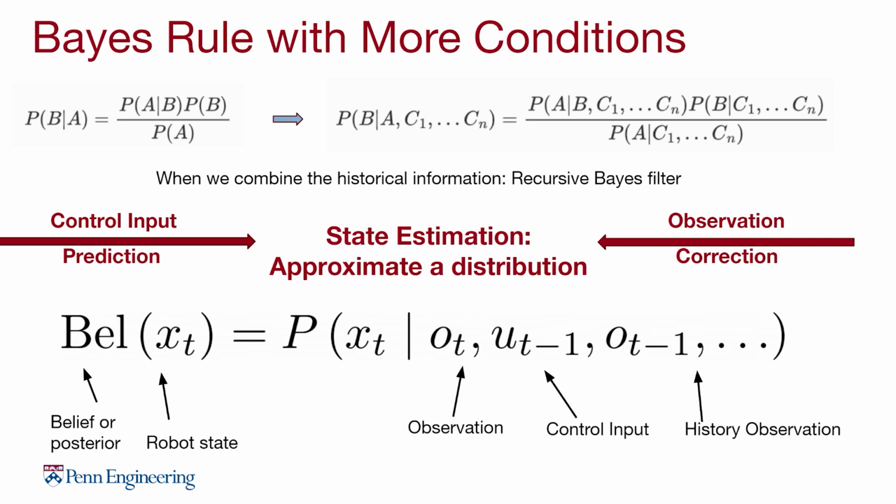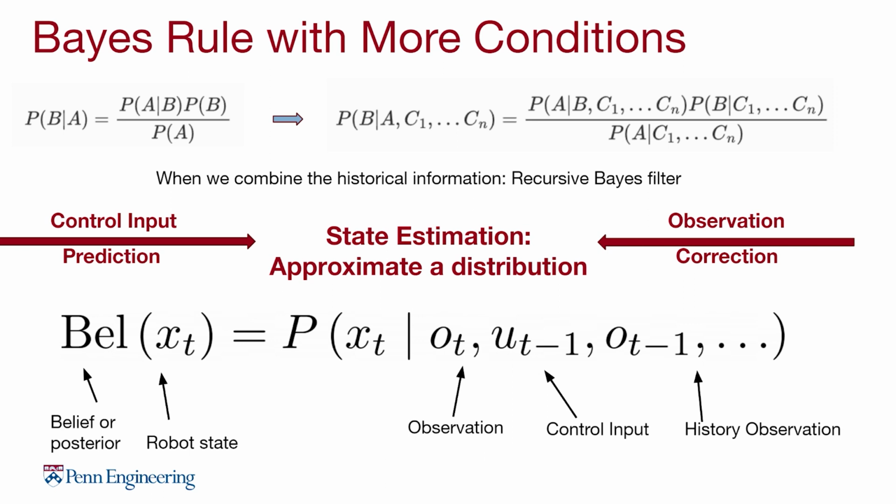But in the real world, it is often the case that event B depends on many other conditions, like C1 through Cn here. And if those other conditions are the historical information, then we will get the definition of the recursive Bayes filter.